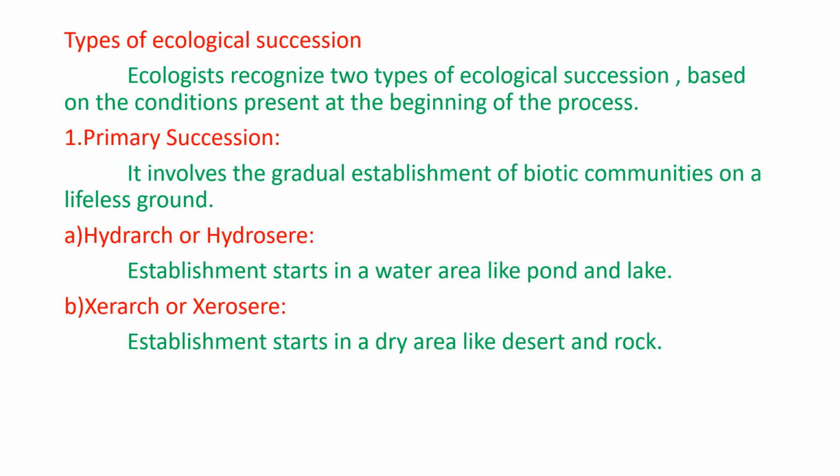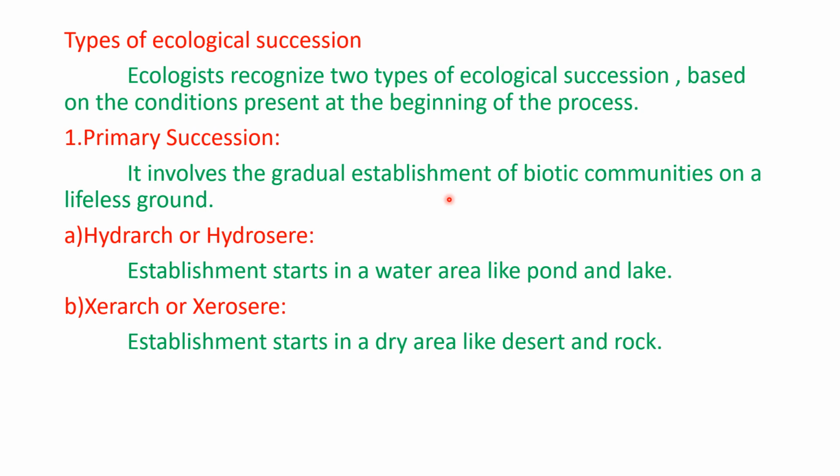Types of ecological succession. Ecologists recognize two types of ecological succession, based on the conditions present at the beginning of the process. The first type is primary succession. It involves the gradual establishment of a biotic community on lifeless ground.